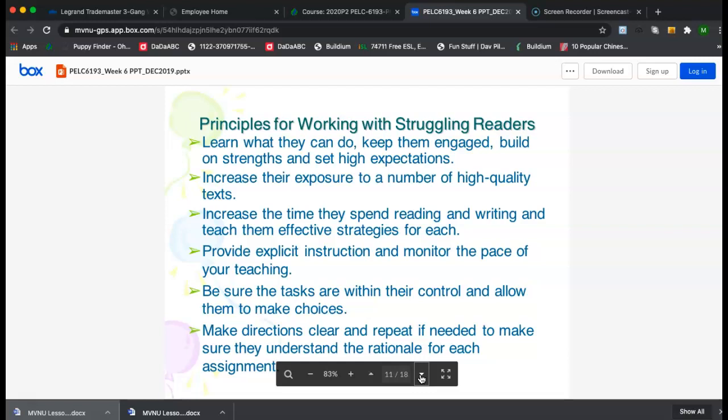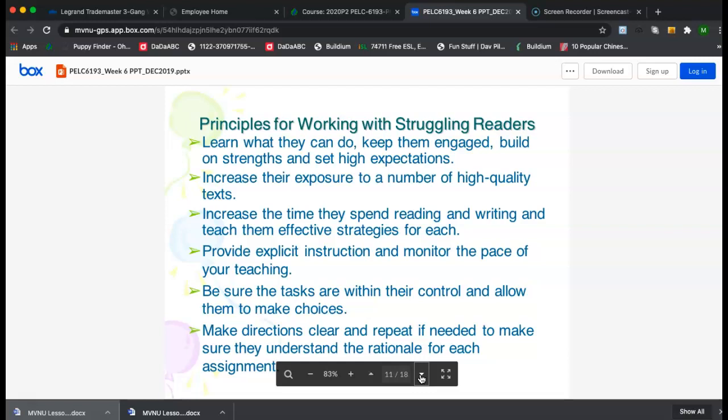We want the children reading and writing. And it's our job to provide strategies for reading and for writing. Provide explicit instruction and monitor the pace of our teaching.